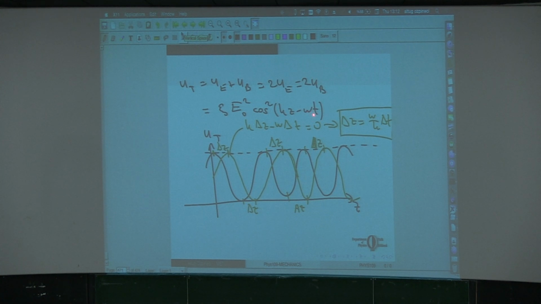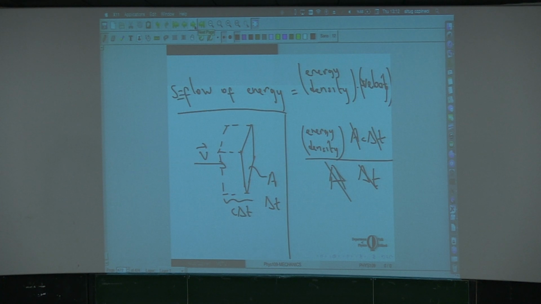As time goes on, this whole pattern, this shape, just moves in the plus z direction. So from there, we can say that the energy associated with this energy density is flowing in the z direction. Now, the derivation we had given here is just for a particular kind of wave.